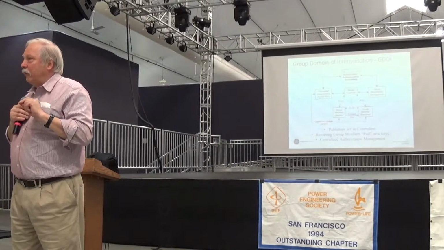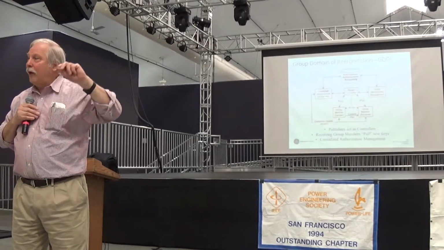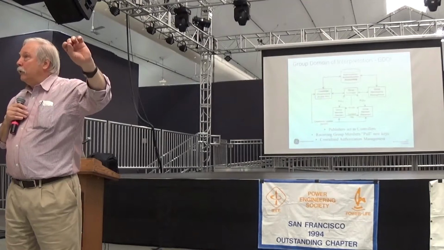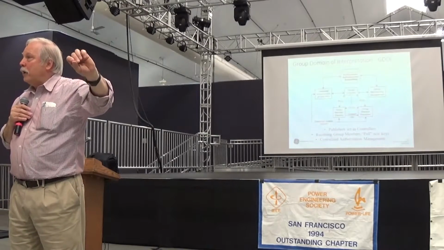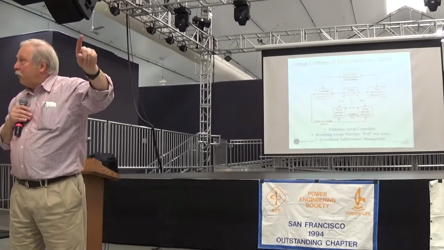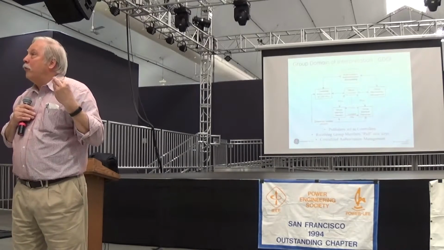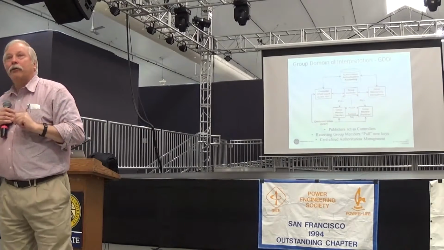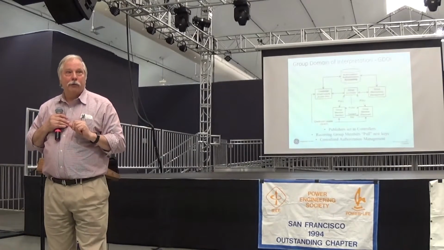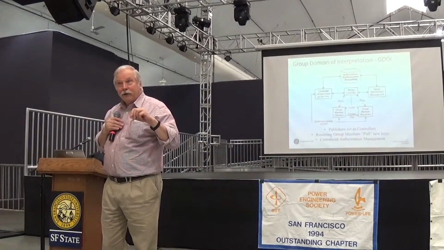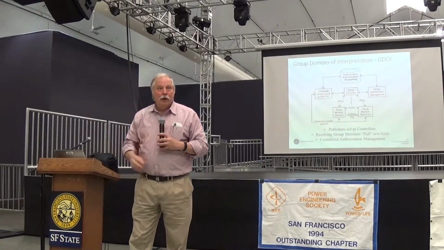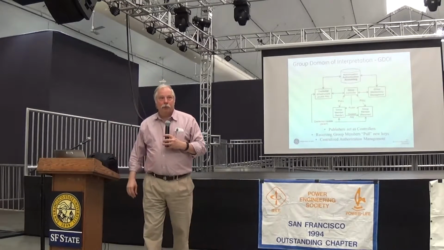What this says is, I'm not going to send out the message using the new key until I have a guarantee that Alex got the new key. Only then will I change the locks on all the doors in the house. So this is a utility-specific implementation of the Group Domain of Interpretation.